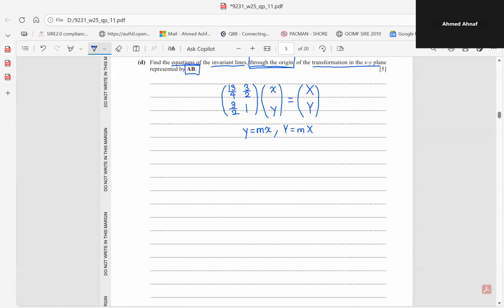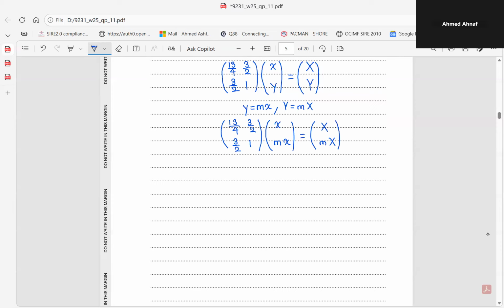Okay, so 13/4, 3/2, 3/2, 1 times x, mx goes to big X, big Y. Okay, so let's combine this into one matrix. So let's multiply.